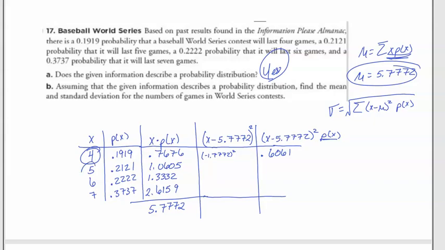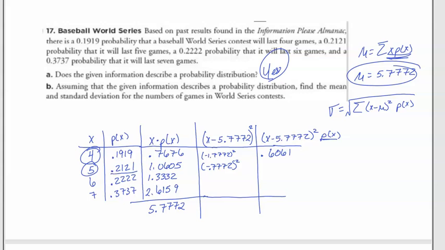Then we're going to do the same thing with 5. So 5 minus 5.7772. So that's going to be this number squared. So I'm doing this in the calculator. Make sure you use parentheses around it, just like I've written. So minus 0.7772 squared. And we're going to multiply that by the probability.